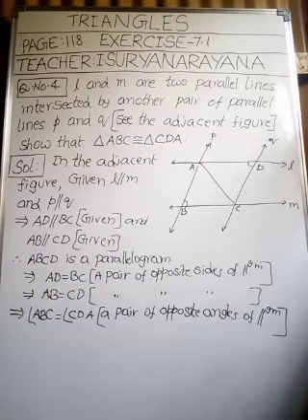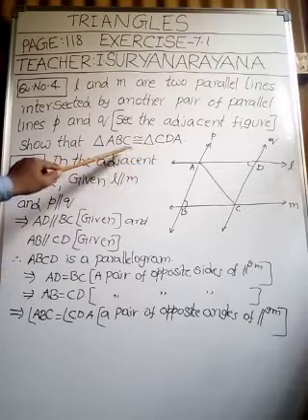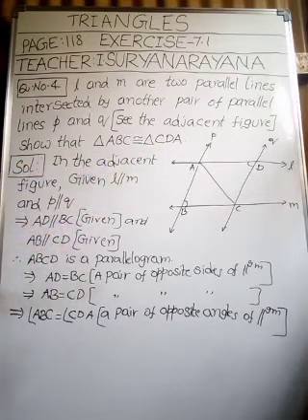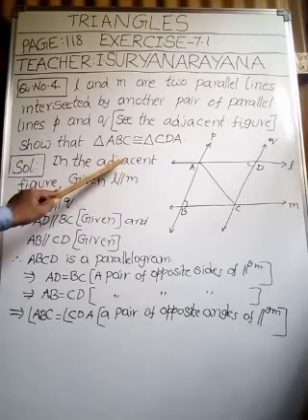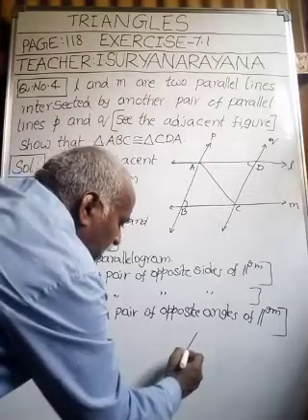Okay, my children. Now come to the question. Here a hint is given. What is the clue? We have to draw these two triangles side by side. Triangle ABC. Previously I told you to draw the two triangles side by side.